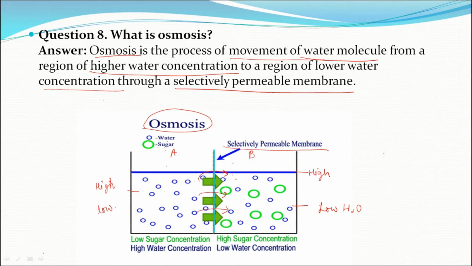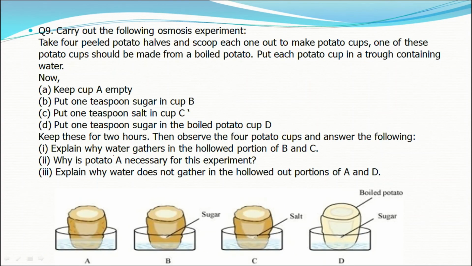Now moving to our next question, here you need to perform an activity. What is that? Take 4 peeled potato halves and scoop each one to make potato cups. One of these potato cups should be made from a boiled potato. So here we have to take 3 raw potato cups, okay, and 1 boiled potato cup.